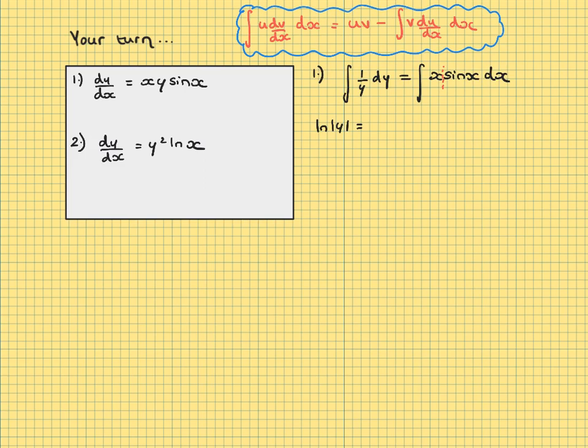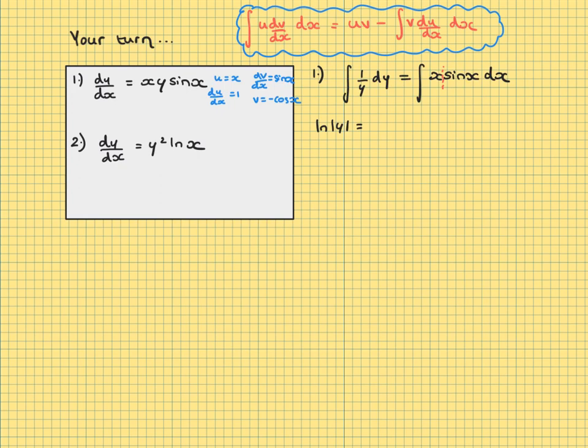So I am going to say that u is equal to x. So du by dx is equal to 1, and then dv by dx will be equal to sine x, which integrates to give me v equals negative cos x. So I have all the component parts. Let's use the formula.